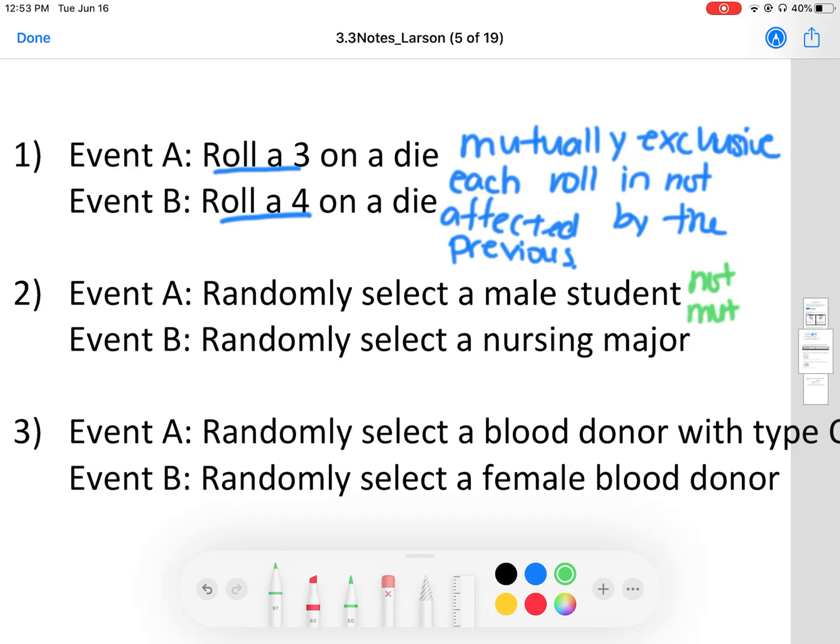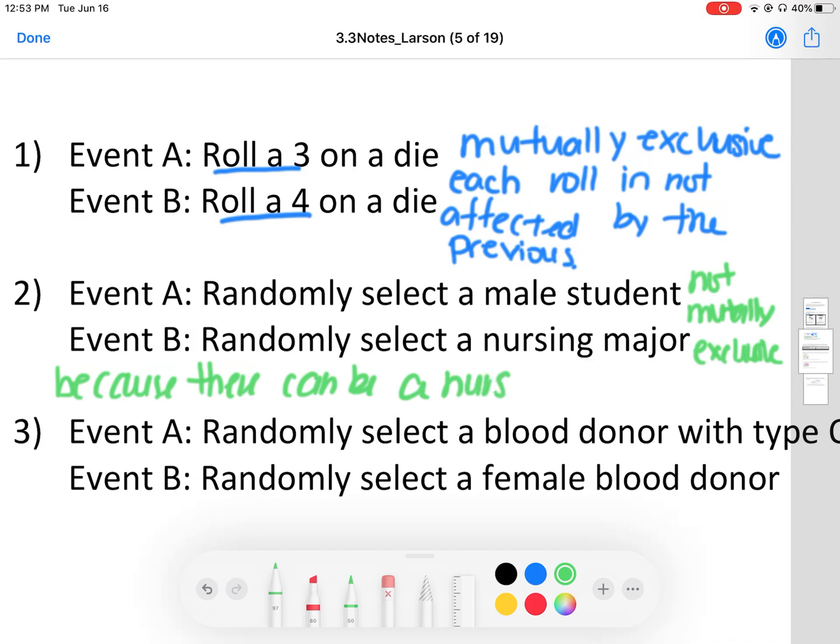And this is because there can be a nursing major that is male, right? They have something in common.